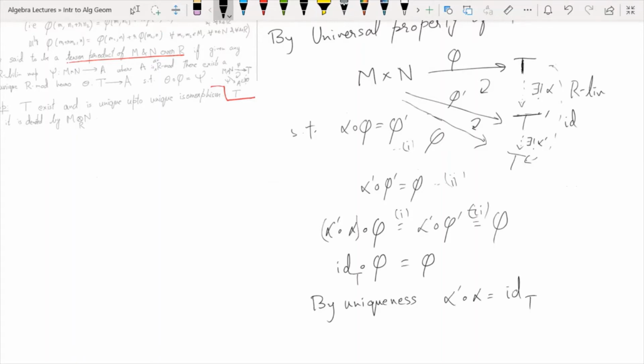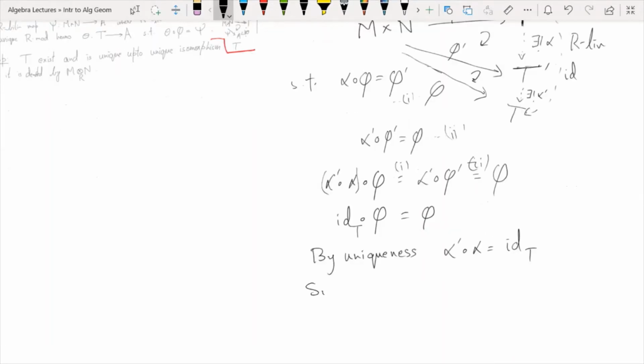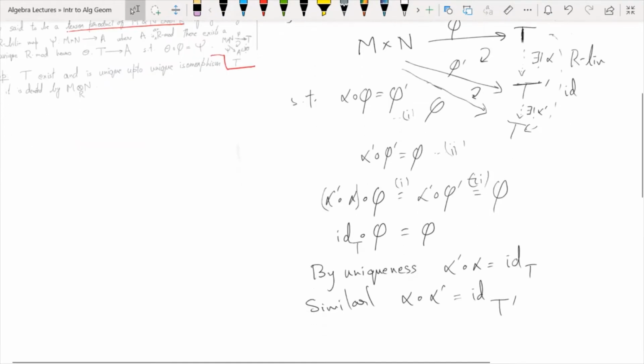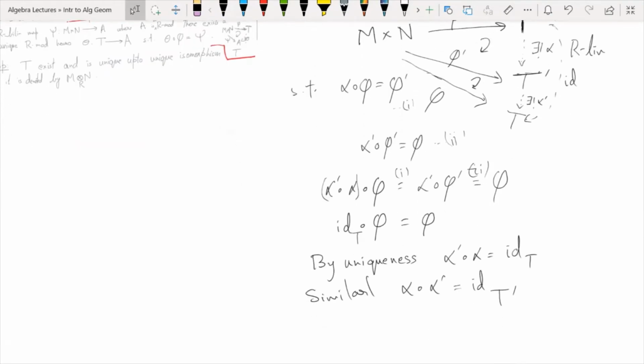And similarly, you can say that alpha composed alpha prime is going to be identity of T prime. So you just have to do it one more time here. That proves that alpha and alpha prime are isomorphisms.